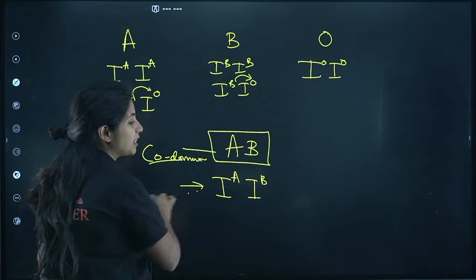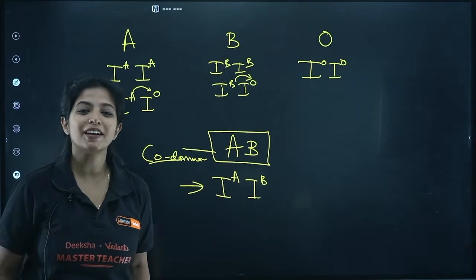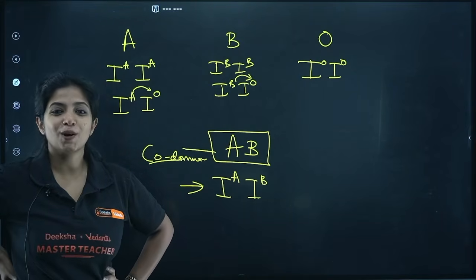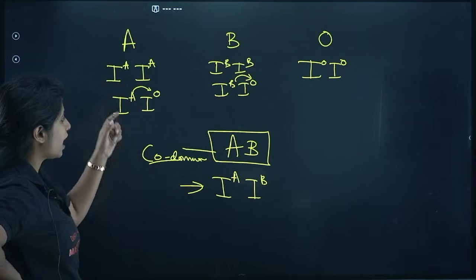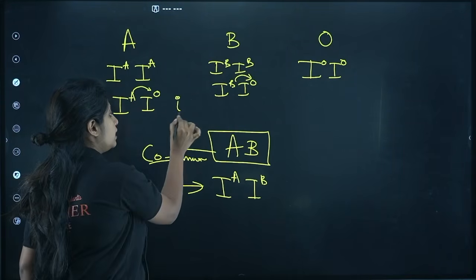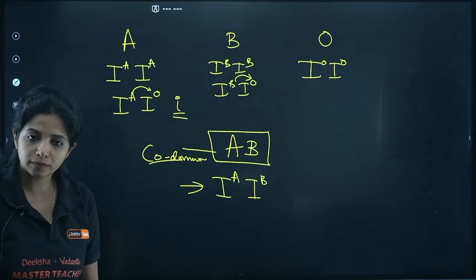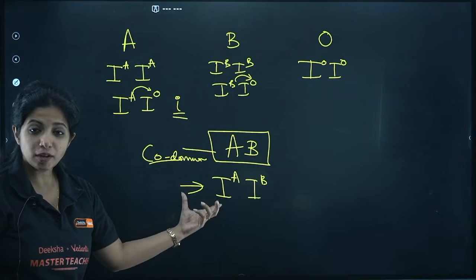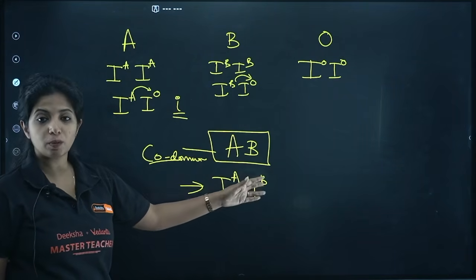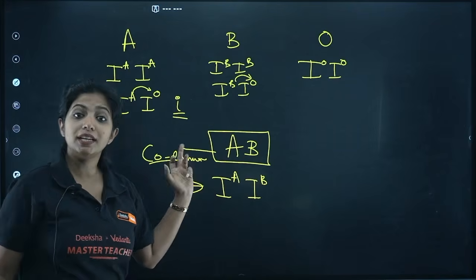Both the alleles are expressing themselves. Please do not forget it. And always remember, IO is sometimes written as a small letter i, so do not be confused. We have never seen only one being dominant here, but both are equally dominant.